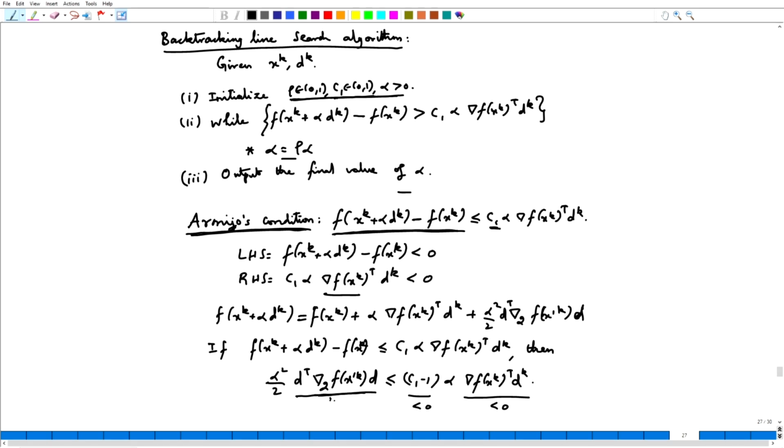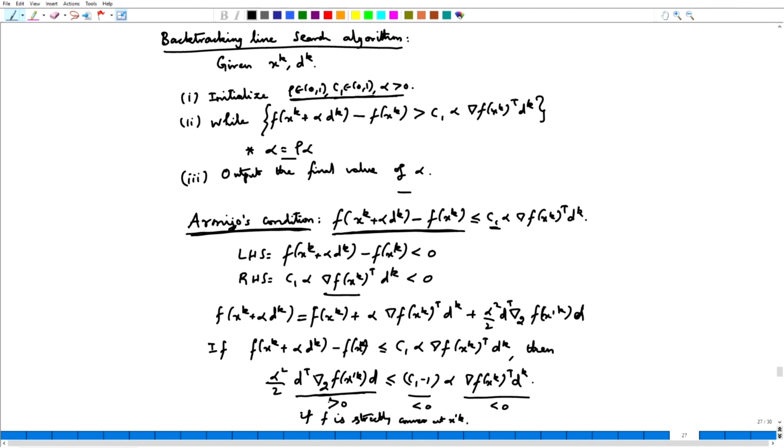So, this is positive if f is, sorry, you can say f is convex, or strictly convex rather, I will write it that way, strictly convex at x dash k. Okay.